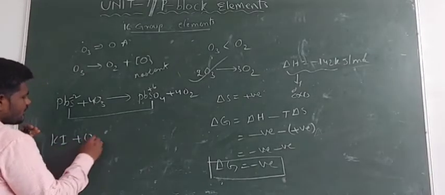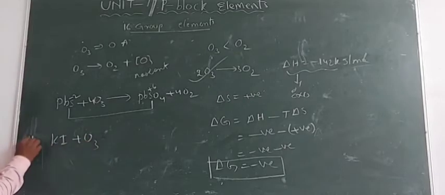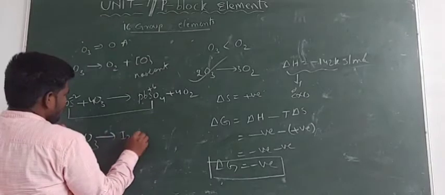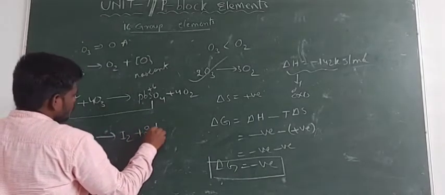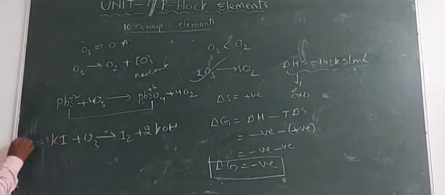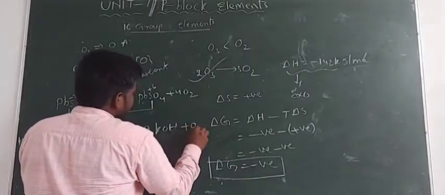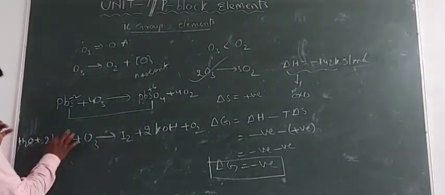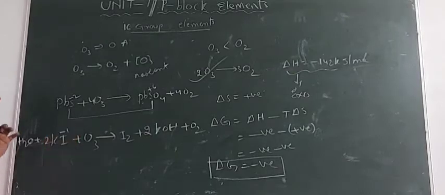When this is treated with O3 in the presence of water, we can get I2 gas, 2 moles of potassium hydroxide, and oxygen gas. So you see here, in this molecule iodine has -1 oxidation state.